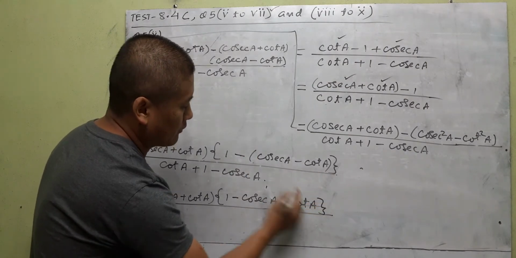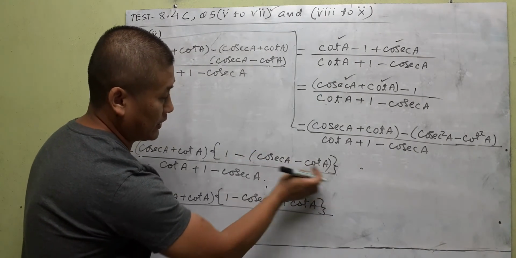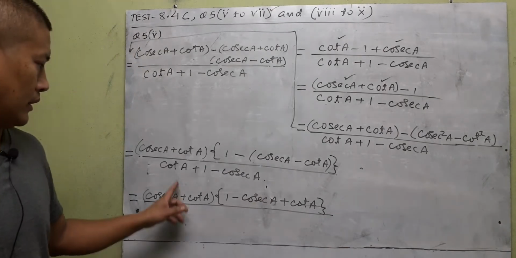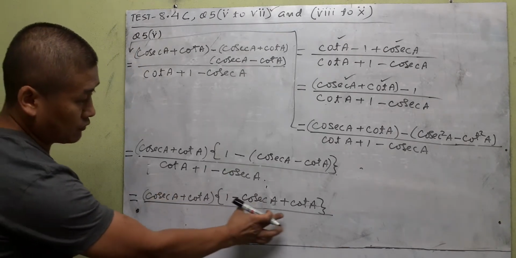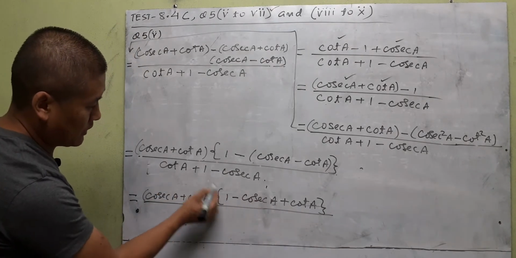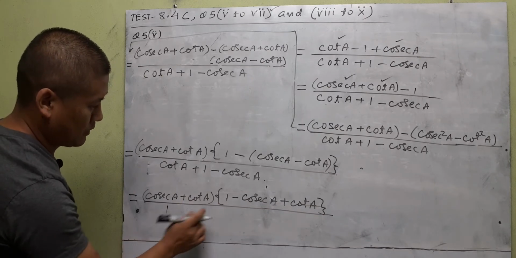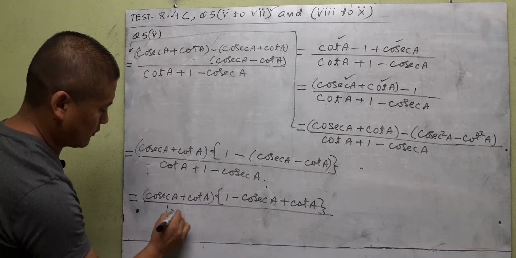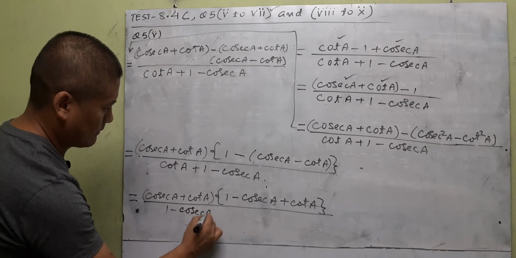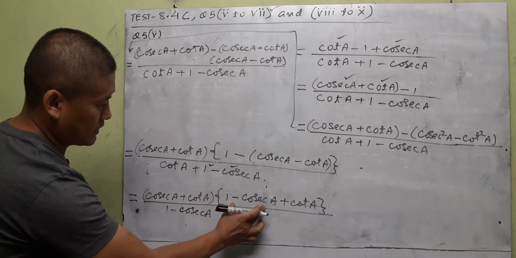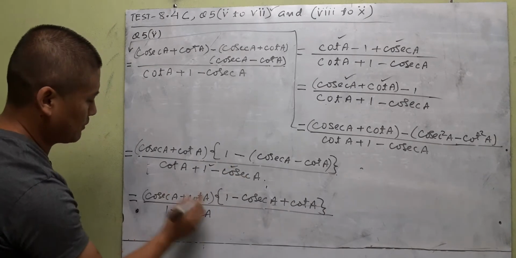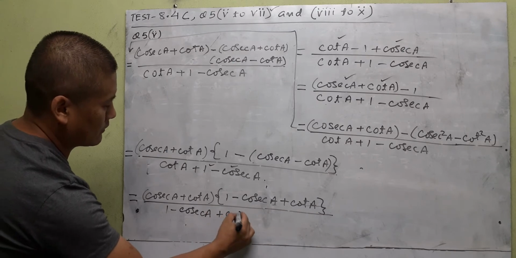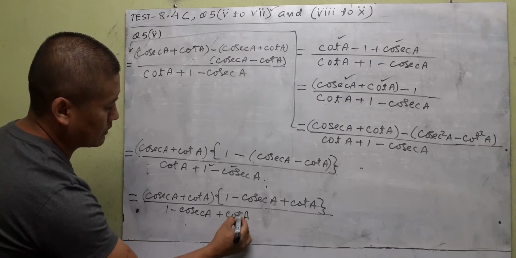By multiplying the outside with the inside signs, the bracket gets removed. And then here, you can arrange this one now to match this one. This is plus 1. Here also there is a plus 1. Minus cosec A, there is here minus cosec A. So these two are gone, matching this one, and plus cot A, no sign means plus.